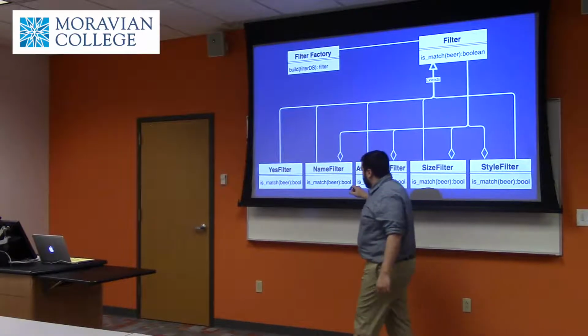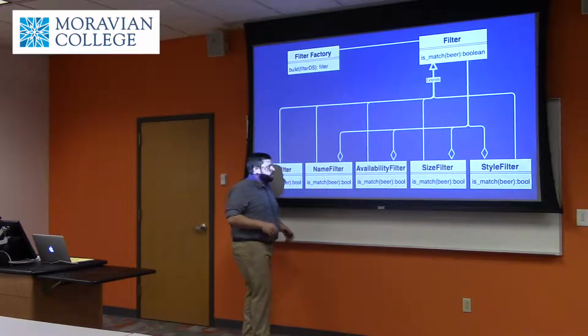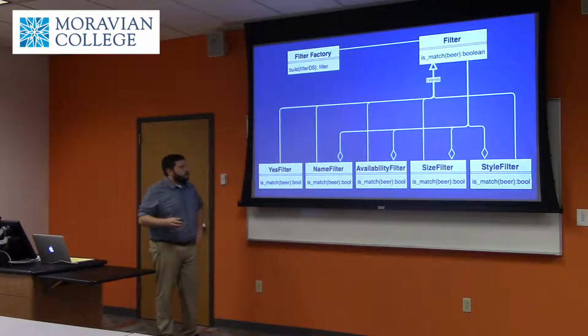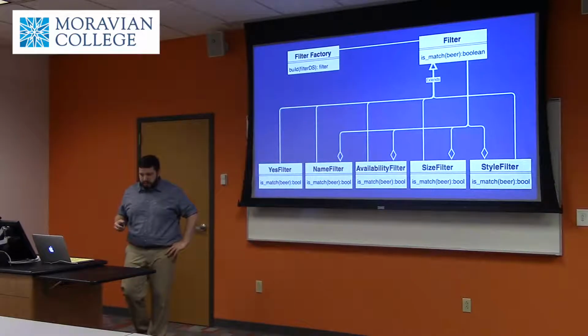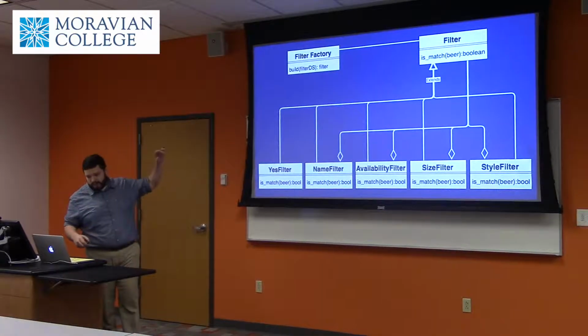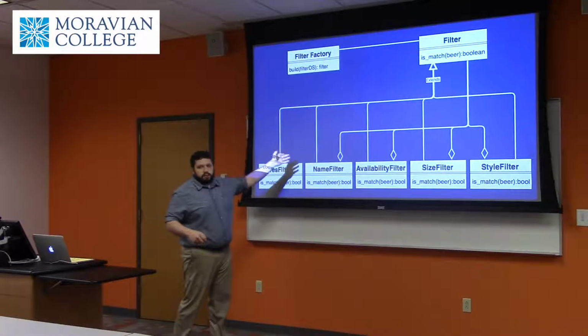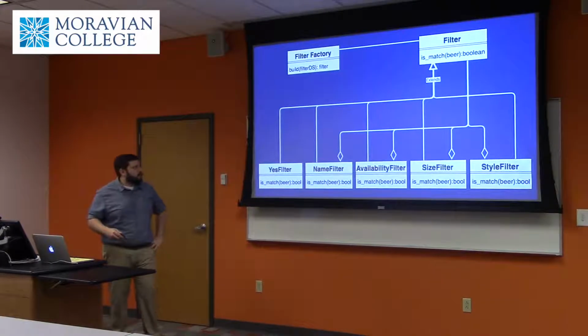In the same way, the name filter has a filter, which can be any of these other filters. The yes filter here is our base filter, which always returns true. This allows us to build up a filter object where each layer has a filter, which in turn has a filter, turning it into a recursive structure.